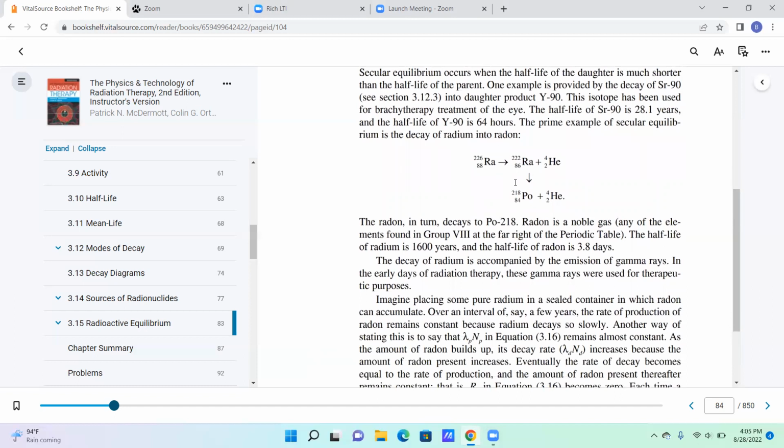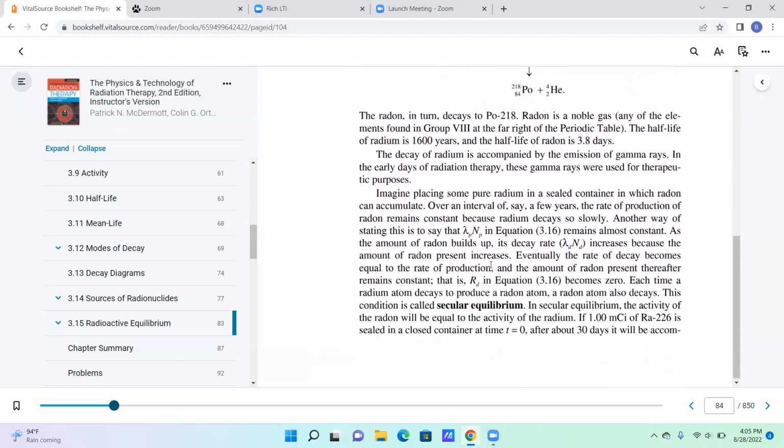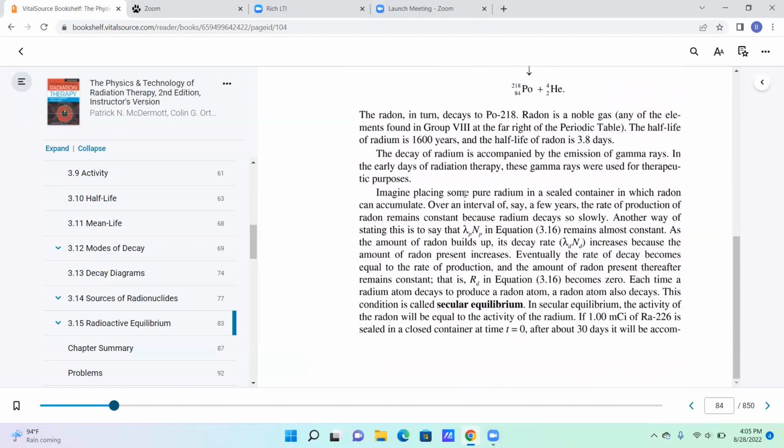Radium has a half-life, I think, close to 1600 years, and the half-life of radon is about 3.8 days. So imagine placing some pure radium in a sealed container, in which radon can accumulate over an interval of a few years. The rate of production of radon remains constant because radium decays so slowly.